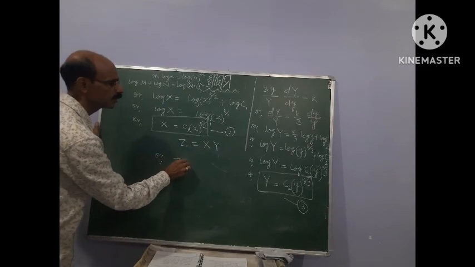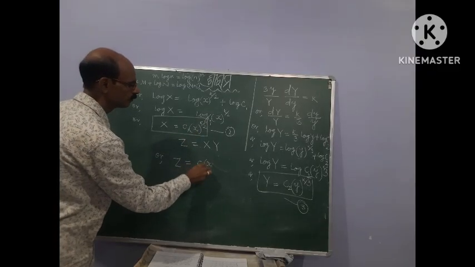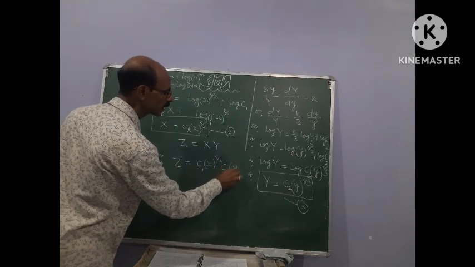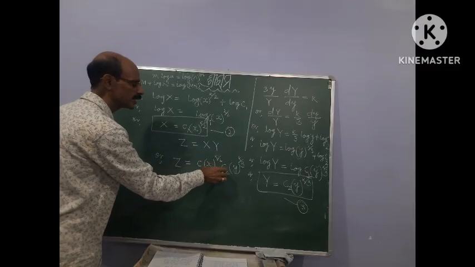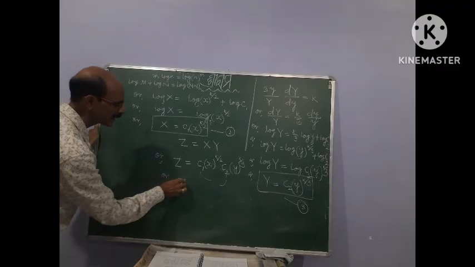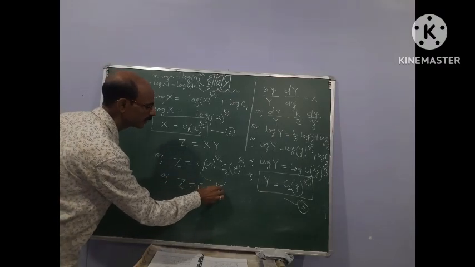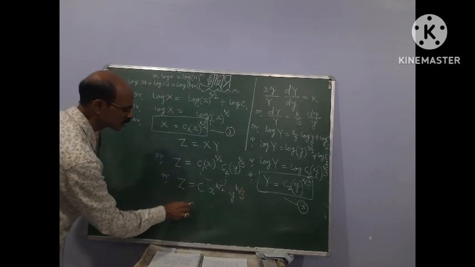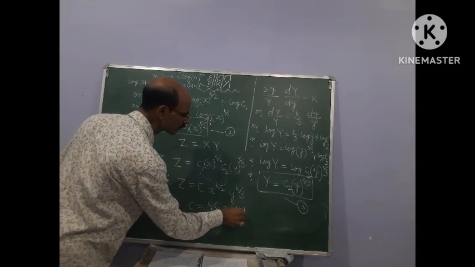So z is equal to C1 x to the power k/2 and C2 y to the power k/3. Now C1 is a constant, C2 is a constant, so their product will be another constant, and suppose that constant is expressed as C, so z is equal to C x to the power k/2 and y to the power k/3, where C is equal to C1 C2, a constant.